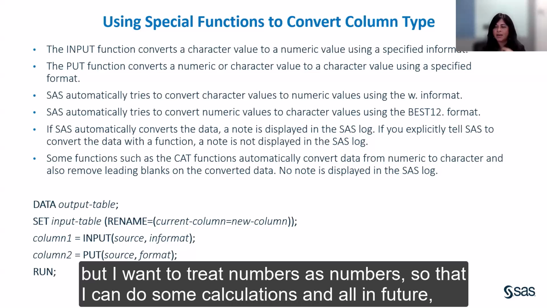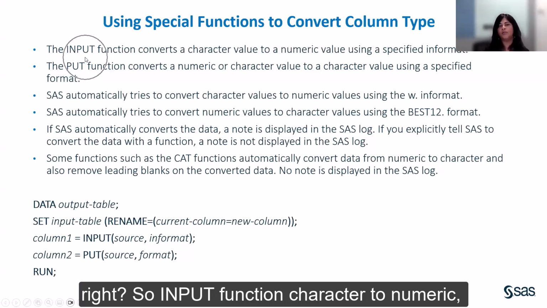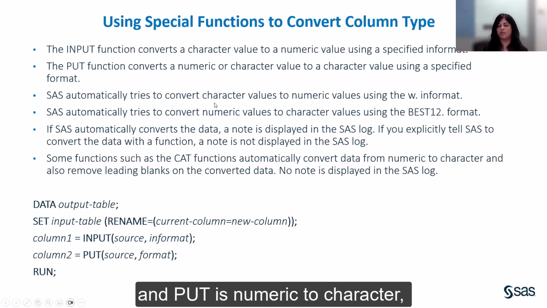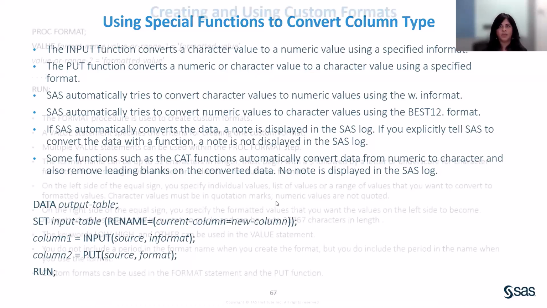But I want to treat numbers as numbers so that I can do some calculations in future. So I will be making use of functions like INPUT or PUT, right? So INPUT function is character to numeric, and PUT is numeric to character. So these type conversion functions we also need to know.